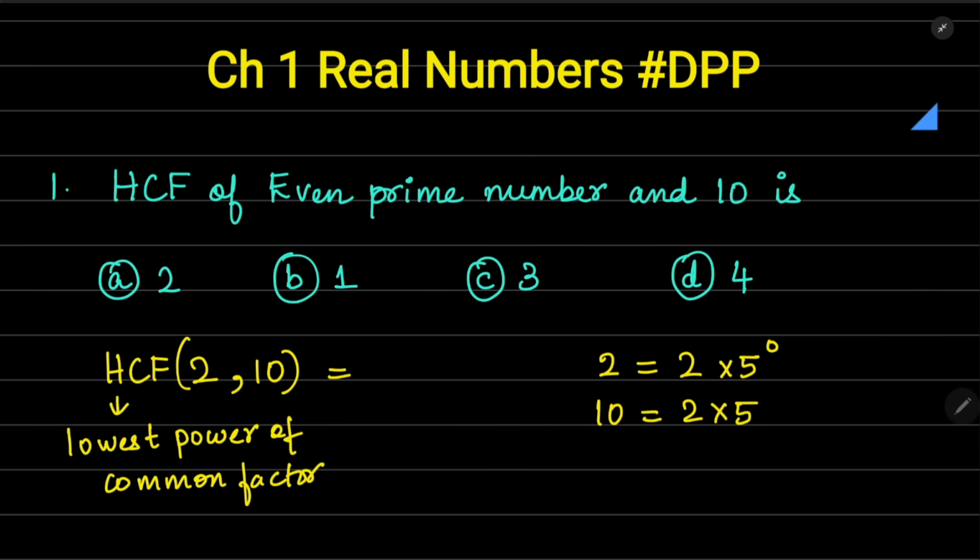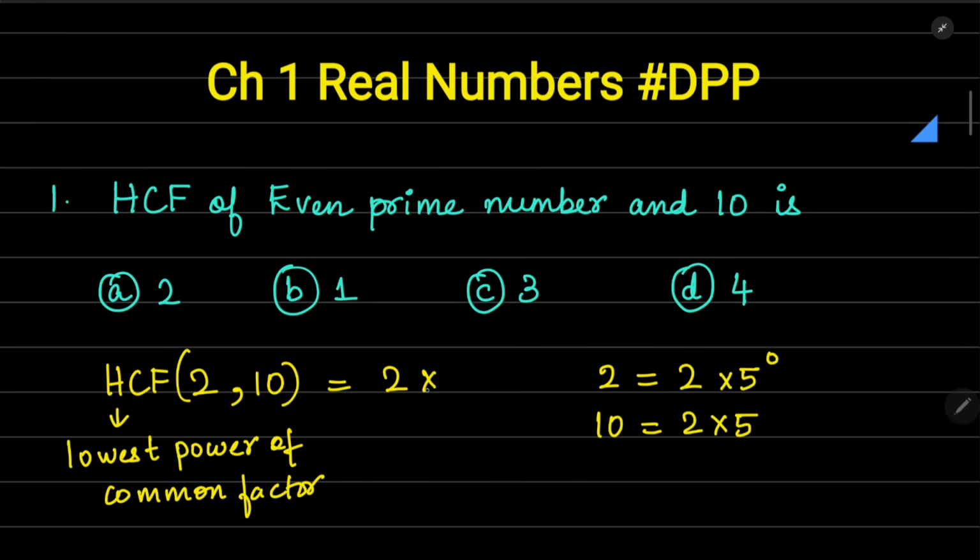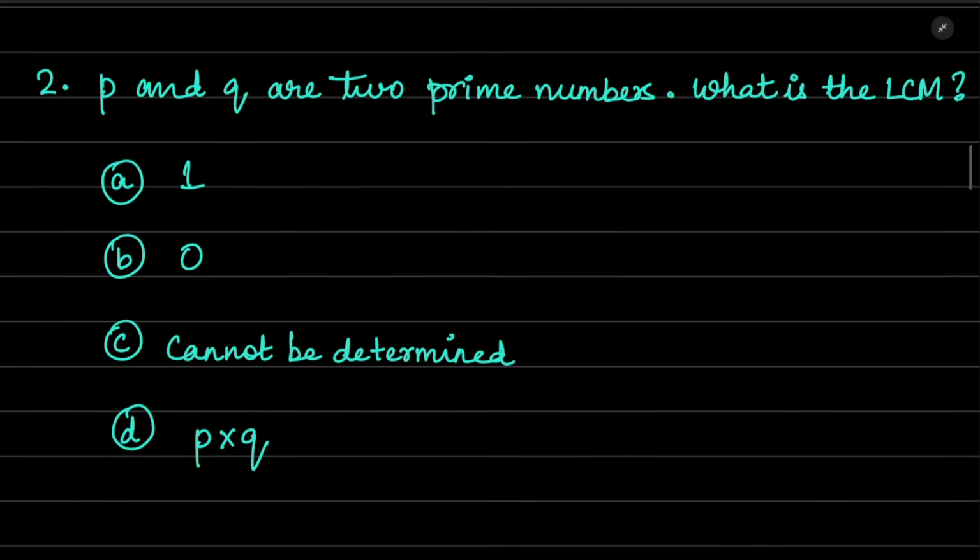So for 2, what is the lowest power? It is 2. For 5, the lowest power is 5 to the power 0. So the answer is 2 multiplied by any number raised to the power 0, which is 1. So the answer is 2. So option A is the correct answer. Moving on to the next one.